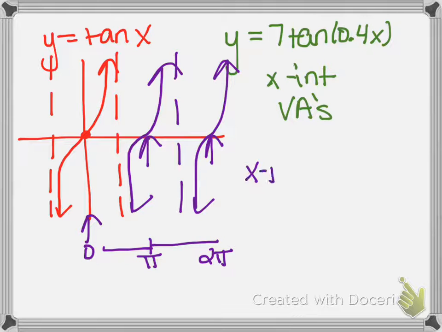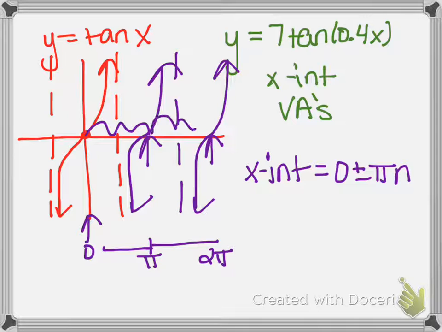So the pattern for the x-intercepts of the original parent function, you could write it as 0, and then you would say plus or minus pi n, because if you start here and go pi units in any direction, if I went the other direction, pi units, I would be hitting another x-intercept right there. And so that's the original pattern for the x-intercepts.